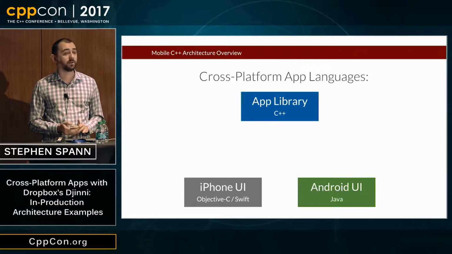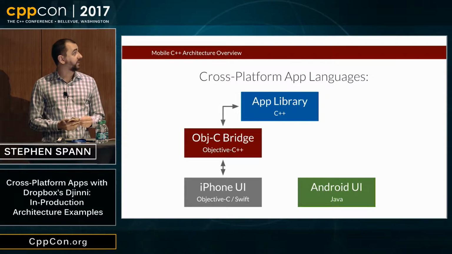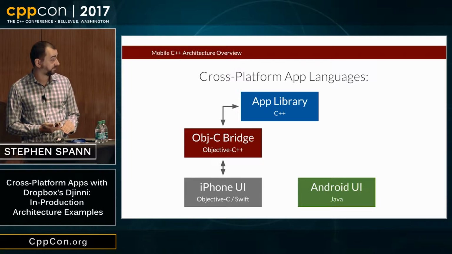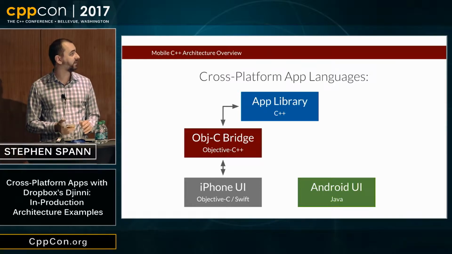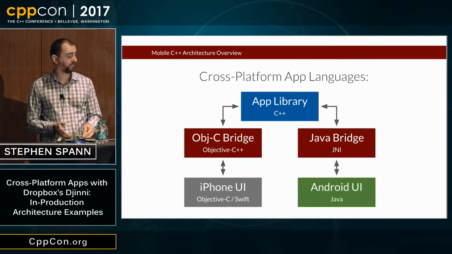But there are what we call bridge languages, which is what we're going to use. So on the iPhone side of things, we have an Objective-C bridge built with a language called Objective-C++. On the Java side, a Java bridge built with JNI.